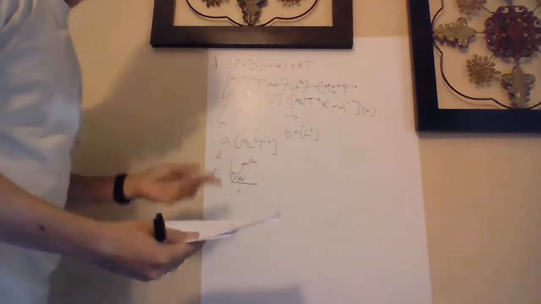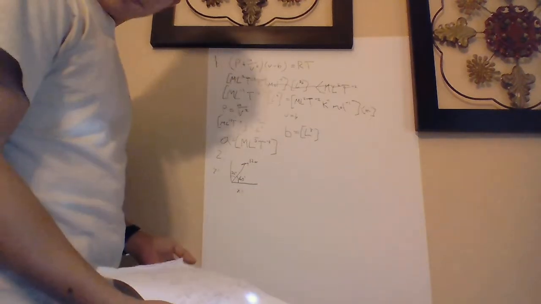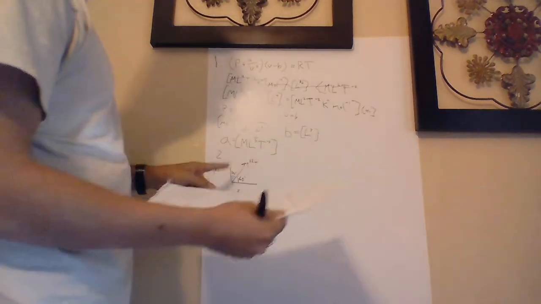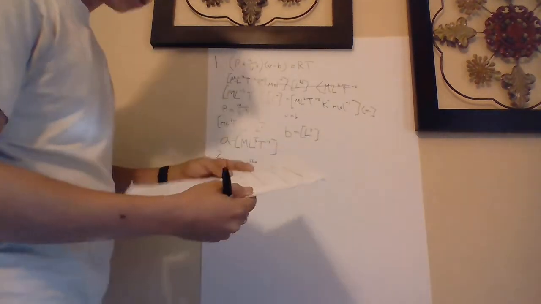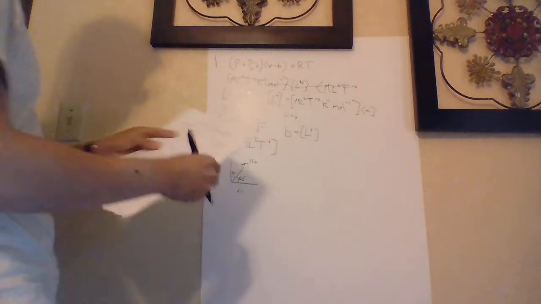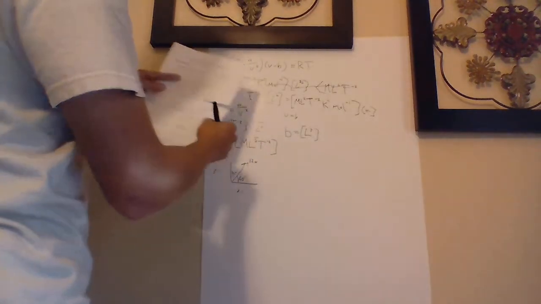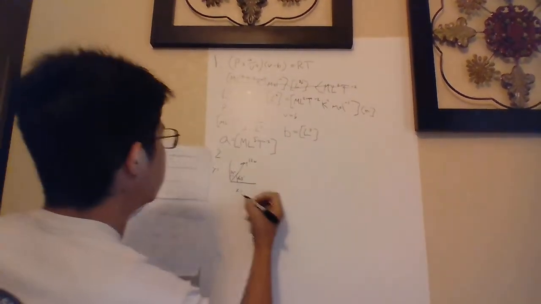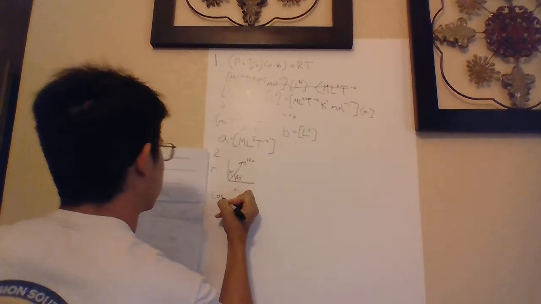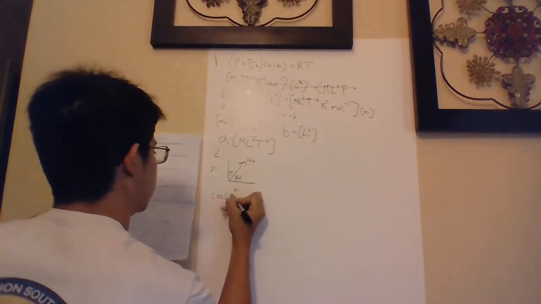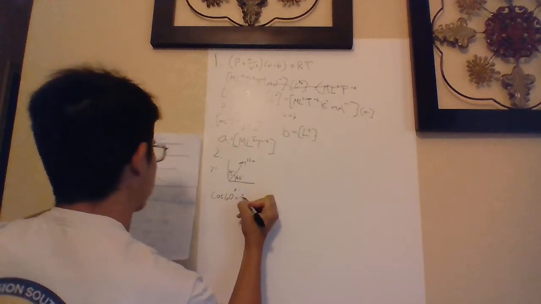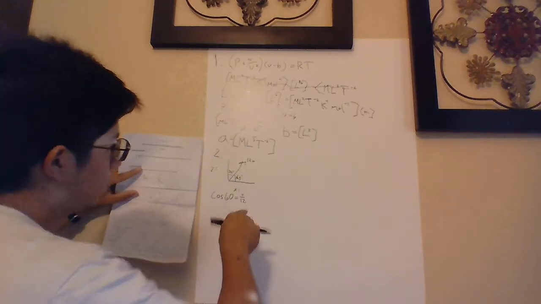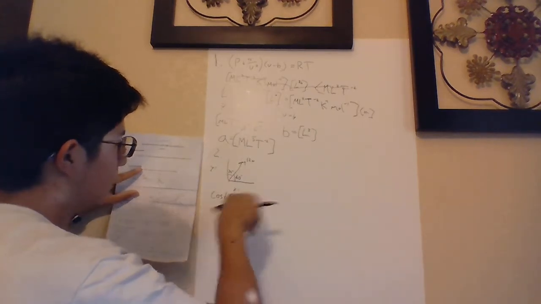In order to find this out, I used SOHCAHTOA. I went ahead and did adjacent over hypotenuse, so that's cosine. To find X, I did cosine 60 equals X over 12. All you do is cosine 60 and multiply by 12.